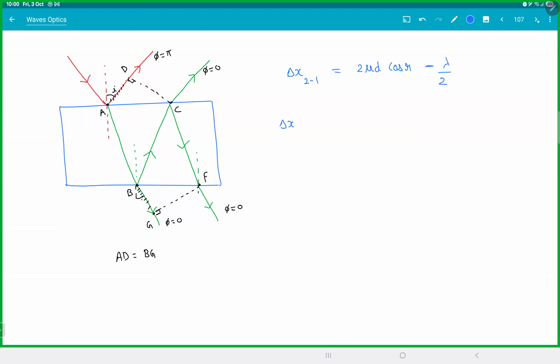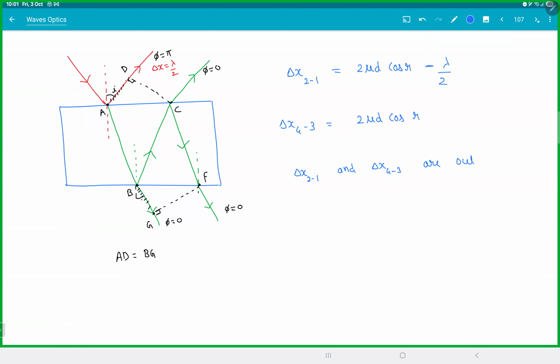But if we take path difference between 4 and 3, this will be only 2 mu d cos r. Do you agree with that? Because for the red one, you have an extra path difference lambda by 2 that would be missing. Sure with this? And if you look at these two path differences, you'll notice something. Delta x 21 and delta x 43 are always out of phase by 180 degrees because of the lambda by 2.